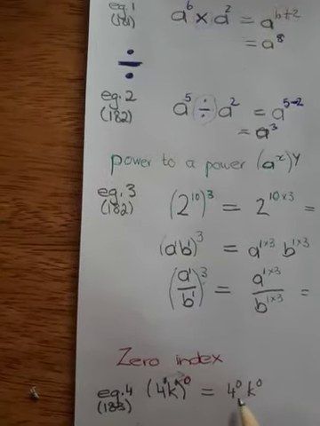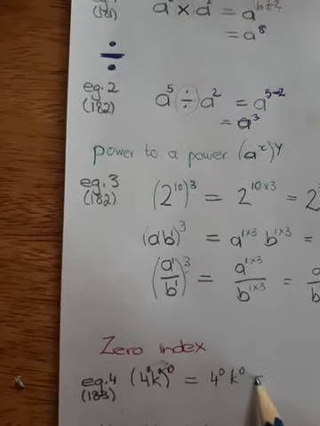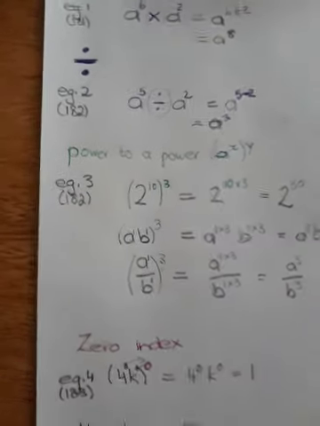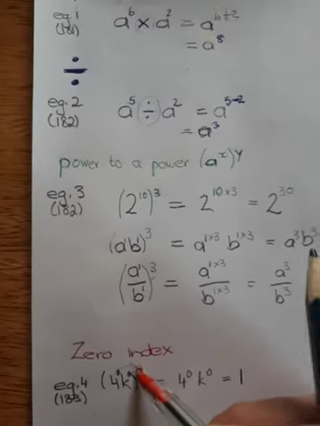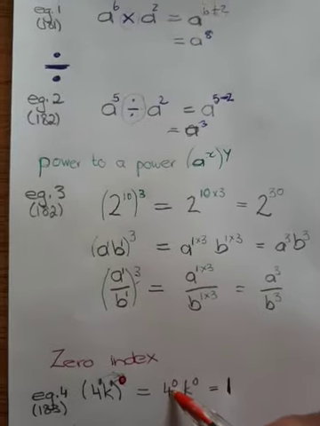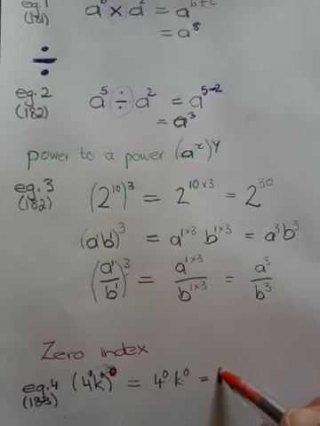And any base to the power of 0 equals 1. Okay? I want you to associate a 0 index with a 1. So that will be a 1, that will be a 1, and 1 times 1 is 1.